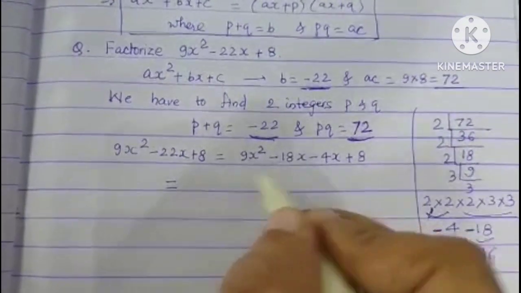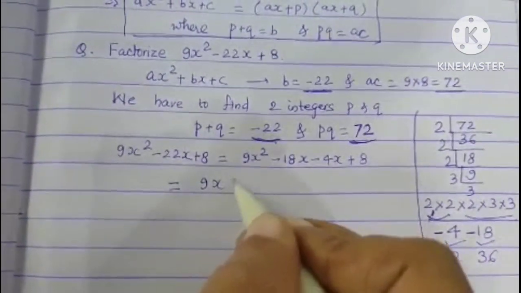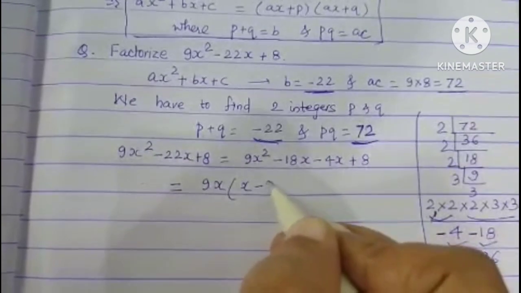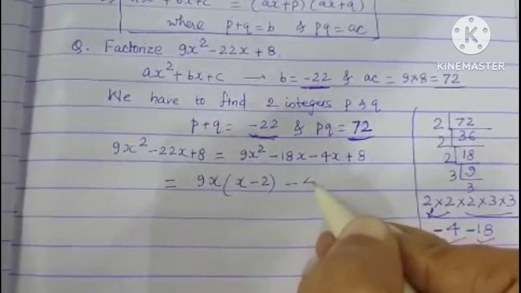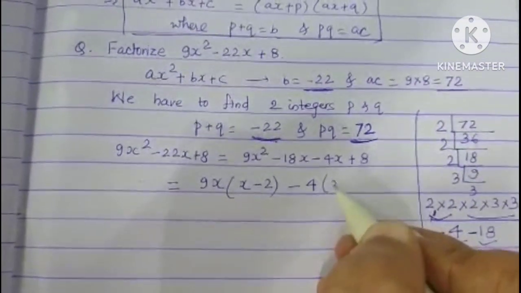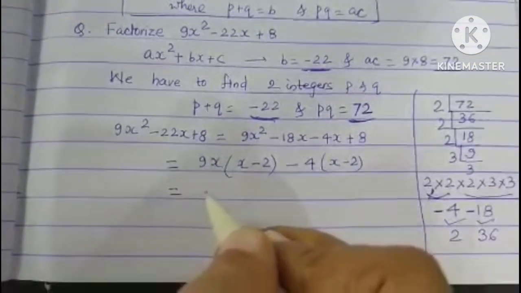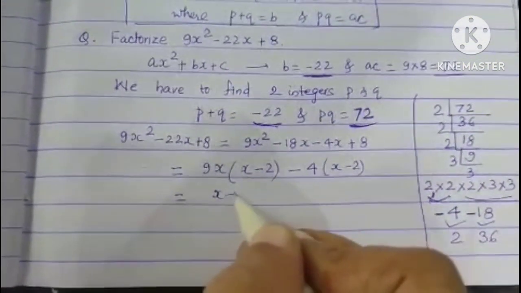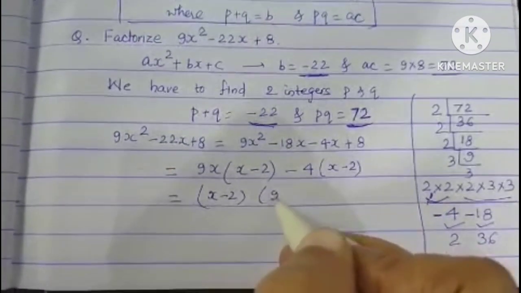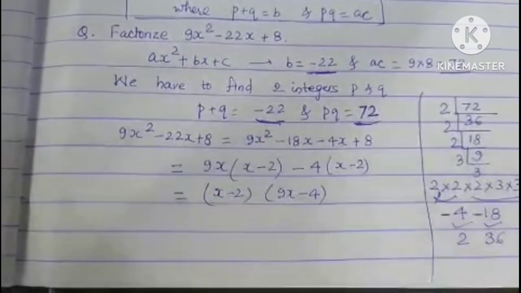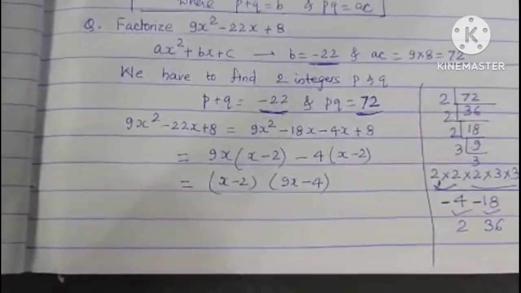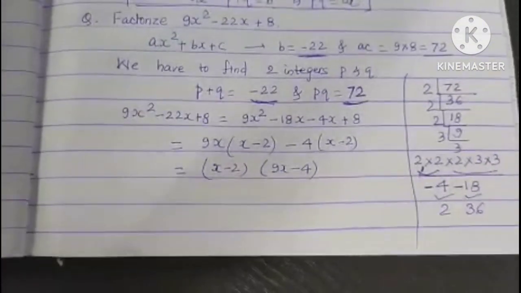Now we take common 9x, so here it will be x minus 2. Now again we take 4 common, and x minus 2. So it will be (x minus 2) and (9x minus 4). This is the factorized form: (x minus 2)(9x minus 4).